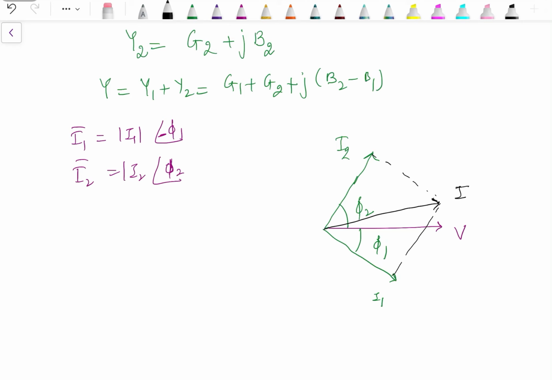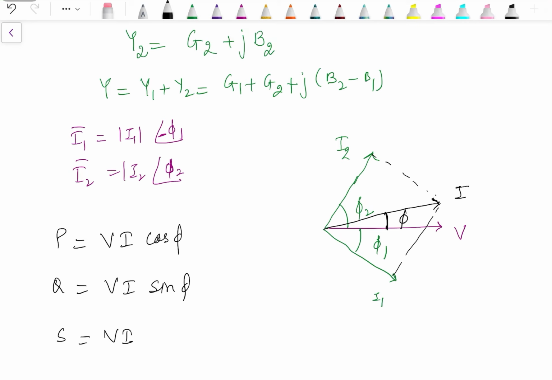The expressions for power, whether it's active, reactive or apparent power, are the same as we had in the case of the series circuit. Active power is VI cos phi, Q is VI sin phi, and S is V into I, where phi is the angle between the resultant current and the resultant voltage.